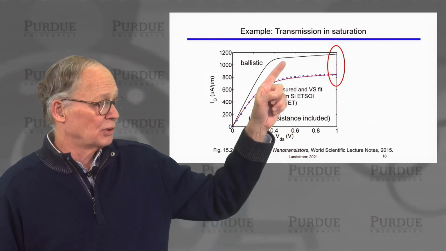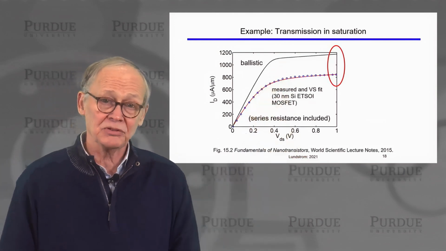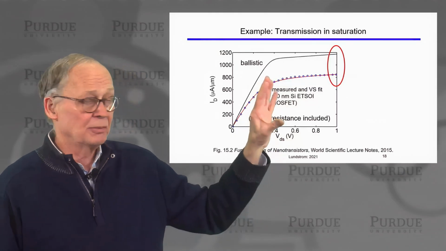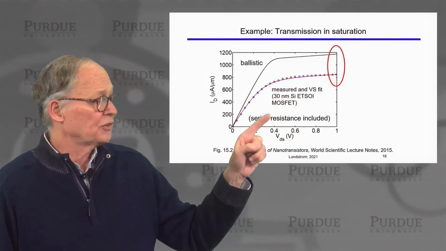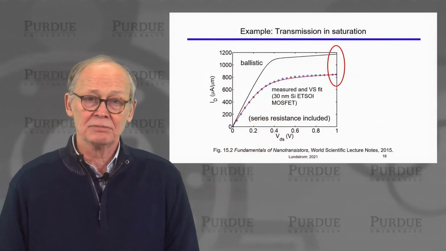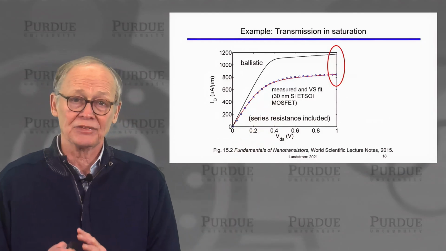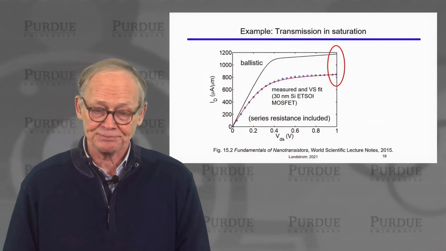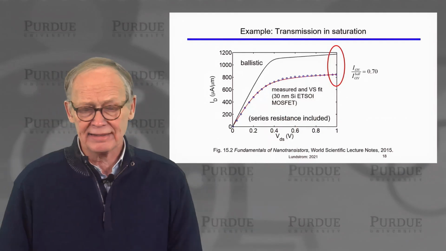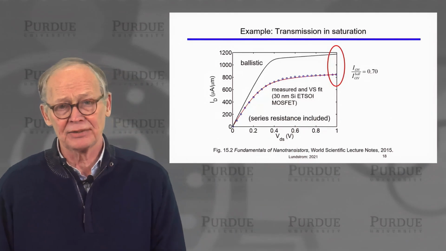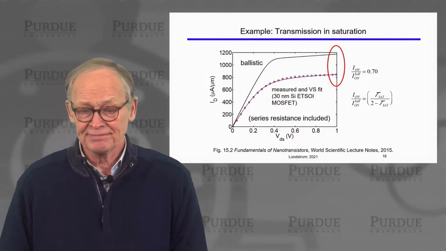We've seen previously how we can compute the ballistic current. So we can compare the measured data to the ballistic current for this 30 nanometer channel length extremely thin SOI silicon N-channel MOSFET. When we do that, we find that the on current is about 70% of the ballistic limit.